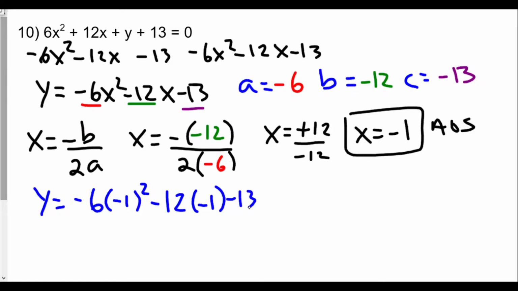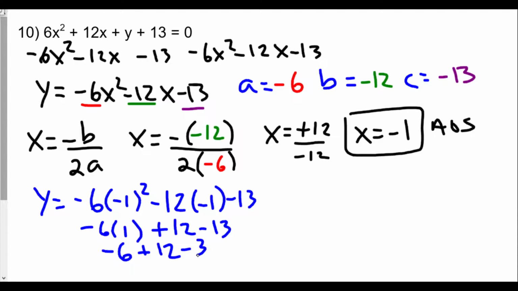Now, negative 1 squared is positive 1, so it's really negative 6 times 1. And negative 12 times negative 1 is plus 12, and then minus 13. So we really have negative 6 plus 12 minus 13, and we find out y is equal to 6 minus 3, which is 3. So our y value is 3.